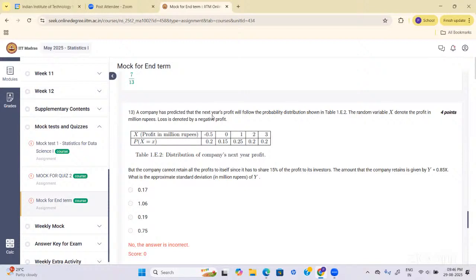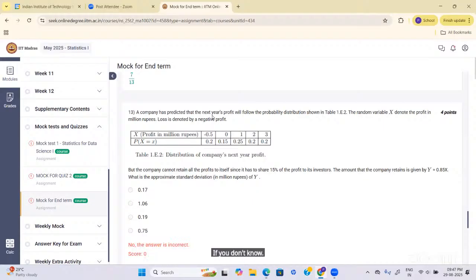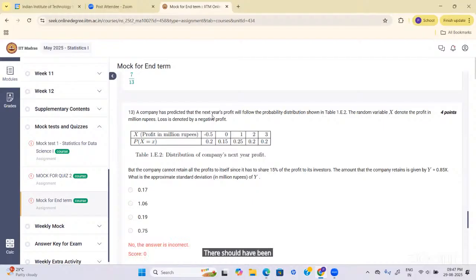It's not that normal distribution is not in your course. It's there in your syllabus, but for the end term exam, it's not coming. If you don't know, you will study it. I'm saying that at least it should have been officially announced, in some session or personal notification, or even at the lecture there should have been a disclaimer that it's not coming.